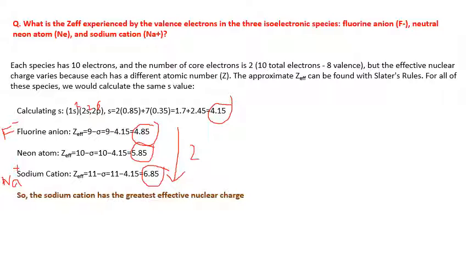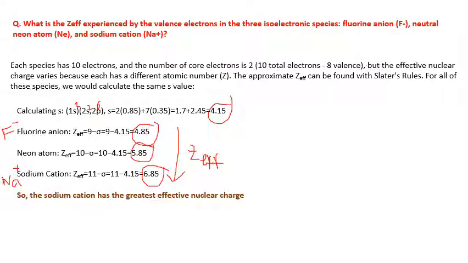So the sodium cation has the greatest effective nuclear charge. You can calculate it using Slater's formula. Now logically you can also think that sodium, because of the positive charge, has much more attraction towards the nucleus than the fluoride anion F minus, and compared to the neutral neon atom.